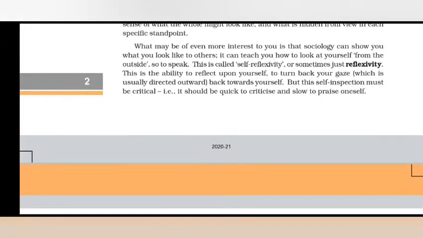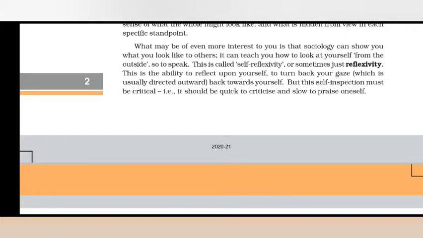What may be even more interesting to you is that sociology can show you what you look like to others. It can teach you how to look at yourself from outside, so to speak. This is called self-reflexivity, or sometimes just reflexivity.